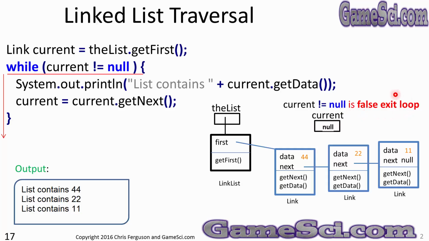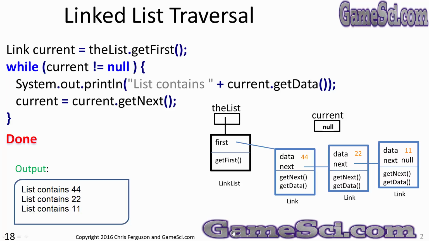And when this statement goes false, we're going to exit the loop. Look at that line. It's time to leave the loop. When we hit the null at the end of the linked list, the loop is over. And we're done traversing the linked list. That's it. It's a very simple loop. Start with the first object in the linked list and loop until you reach the null at the end.